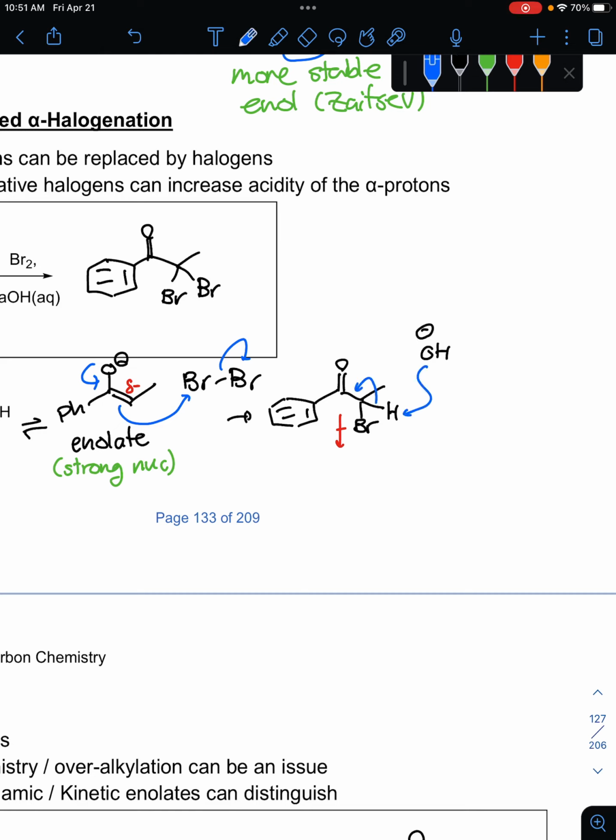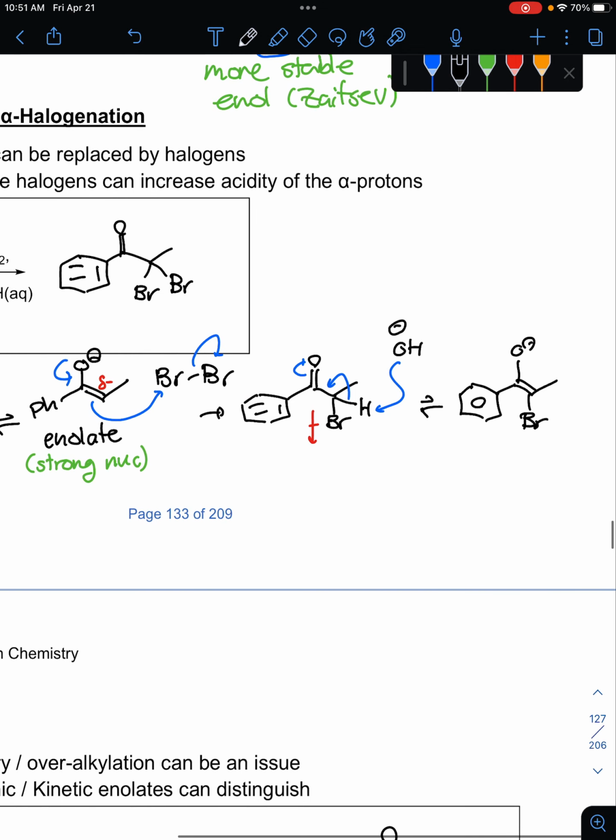So when the hydroxide takes the proton off to make the enolate, this is a negatively charged species that is stabilized by the electron withdrawing bromide. But because it is negatively charged, this is a strong enough nucleophile.